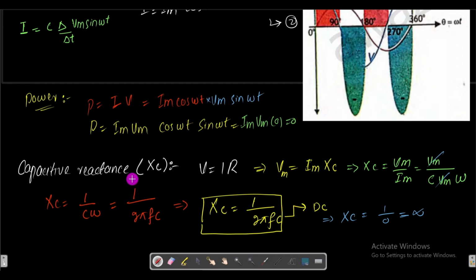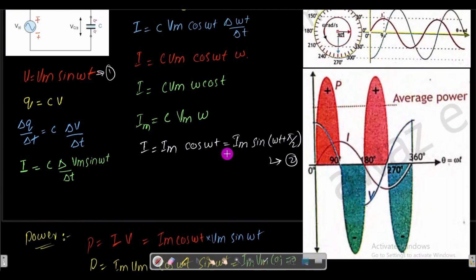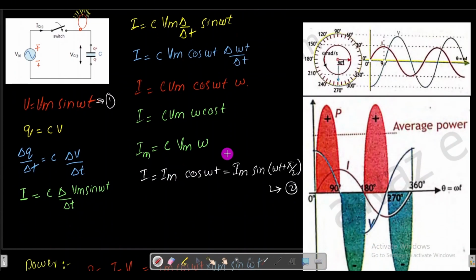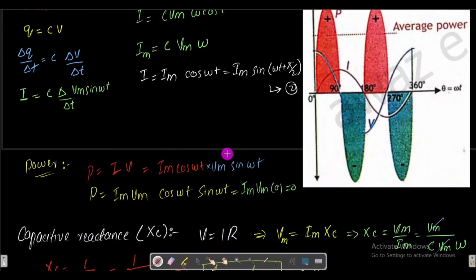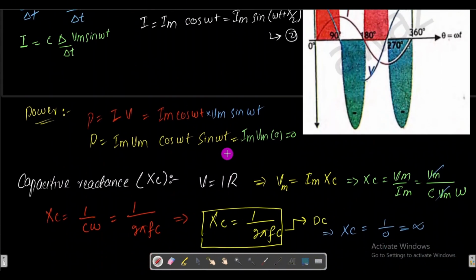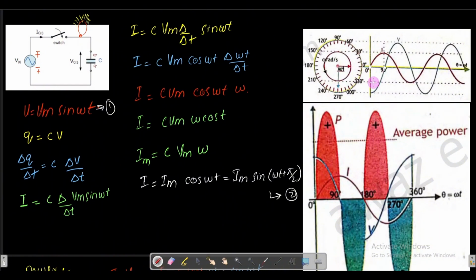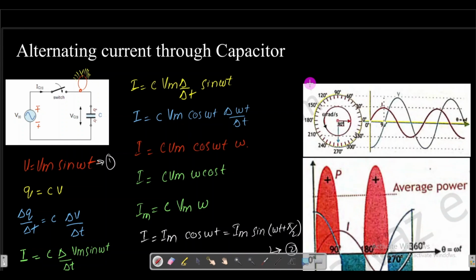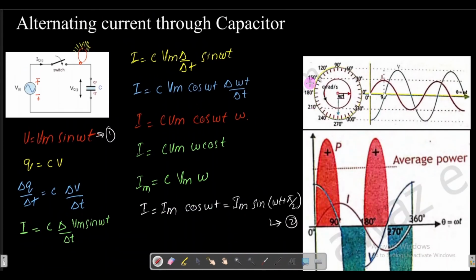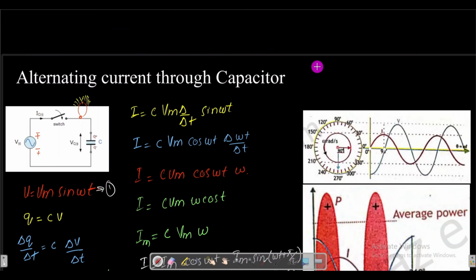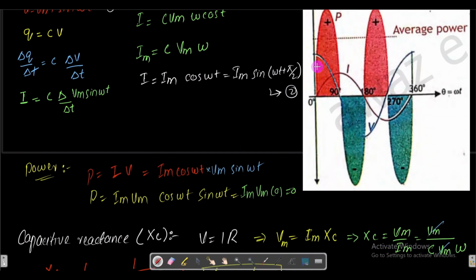So this was the explanation about the alternating current through a capacitor. First I have demonstrated that, then this is the mathematical interpretation of that, and this is the phasor diagram for that. This is all from my side, and I think you got my points, and that's it guys. Thanks for watching.